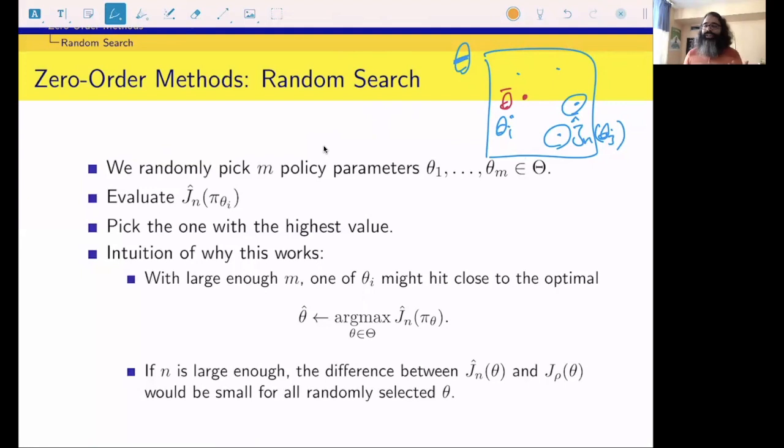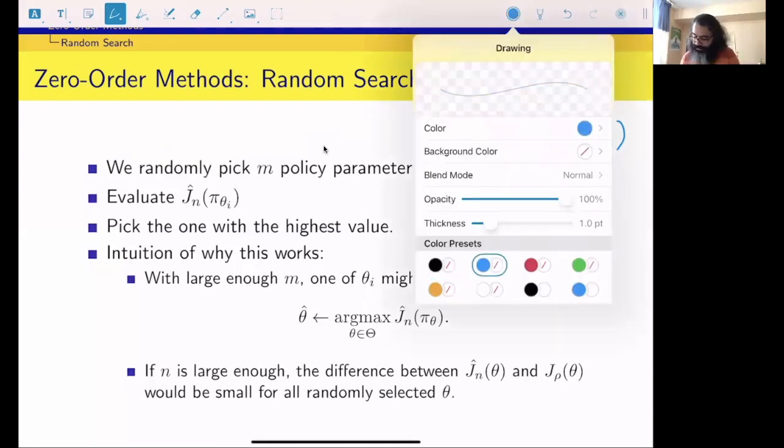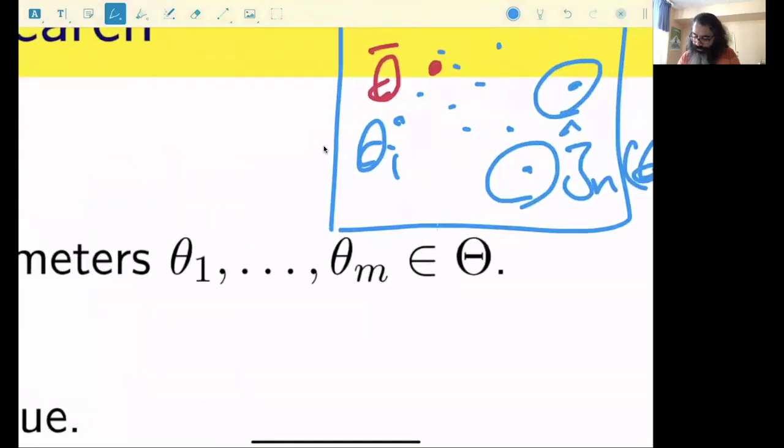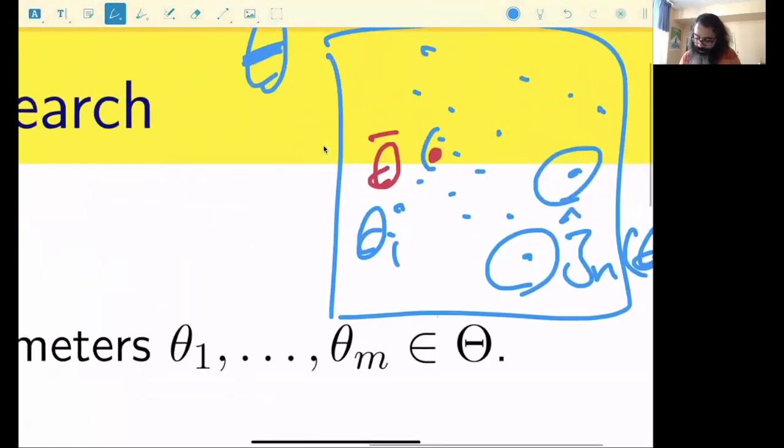But the idea why this random search works is that if I choose randomly a lot of points, some of them become close to the optimal one. If I zoom in here, this point becomes kind of close to the optimal one.